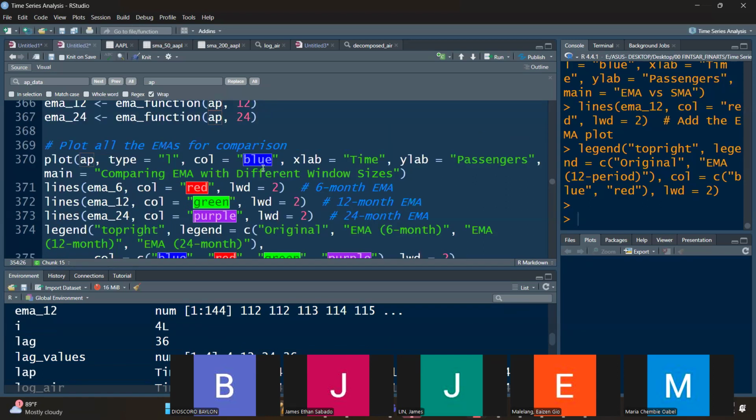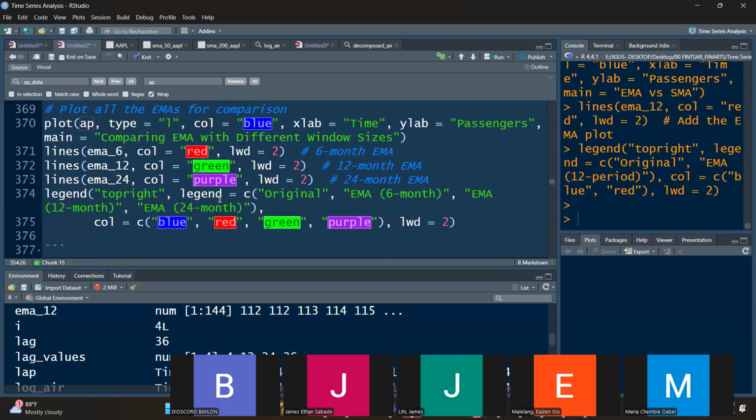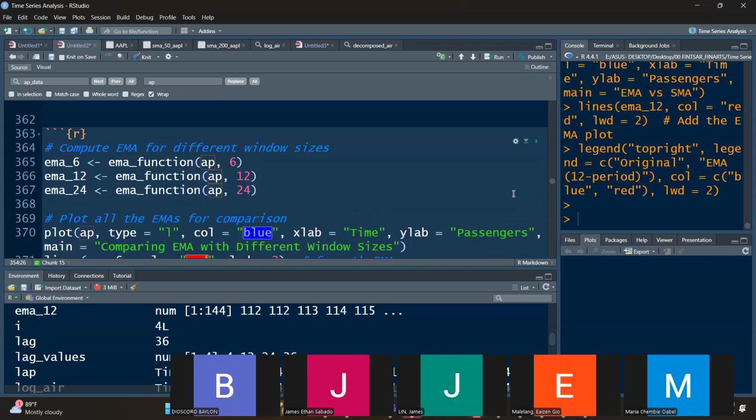So your original data is blue, your EMA6 is red, your EMA12 is green, and your EMA24 is purple. Let's run this.